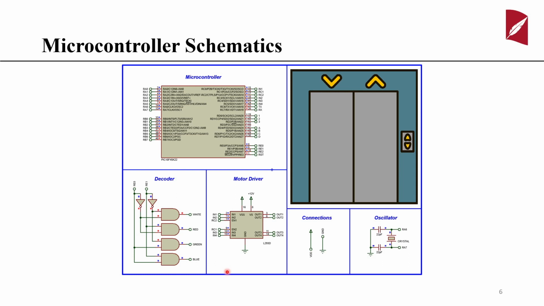And to change the direction, we are using polarities of pins. And then there is oscillator, which is used to get heart pulses. This is the heart of microcontroller.